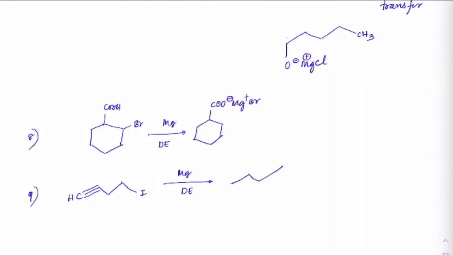So this fourth carbon will have C minus, MgI plus and I. This is how it would exist.